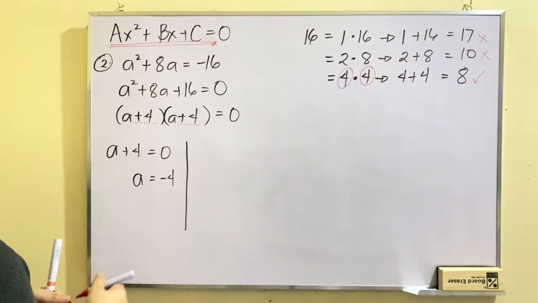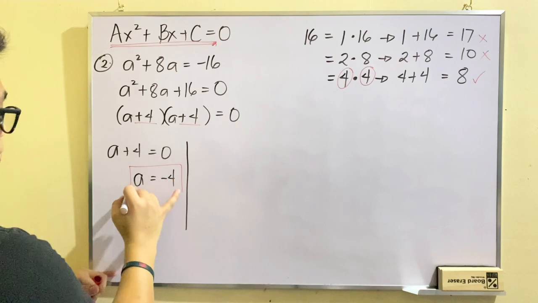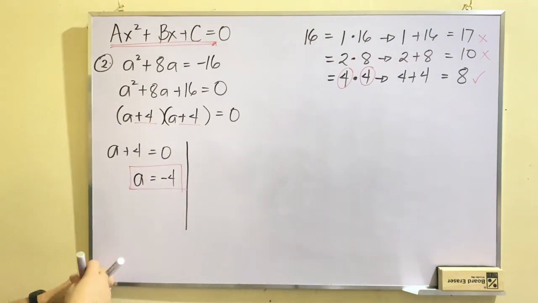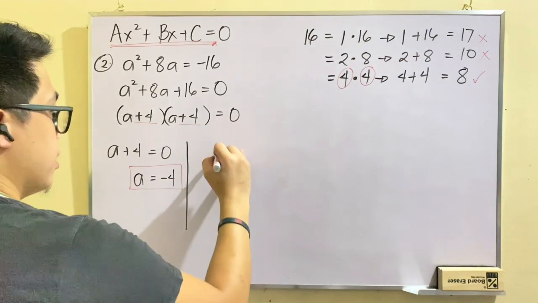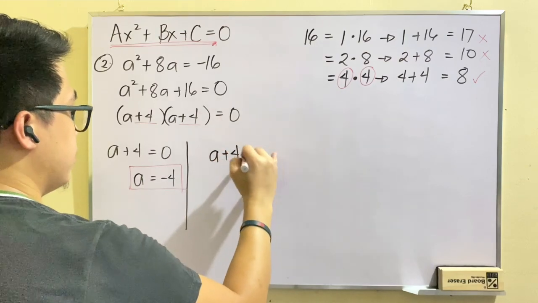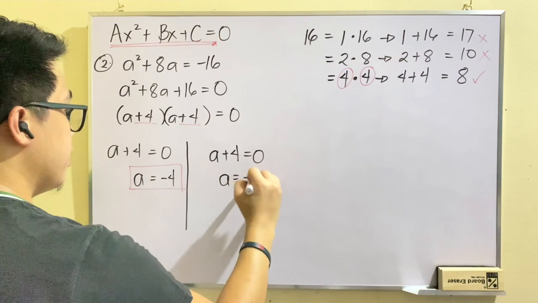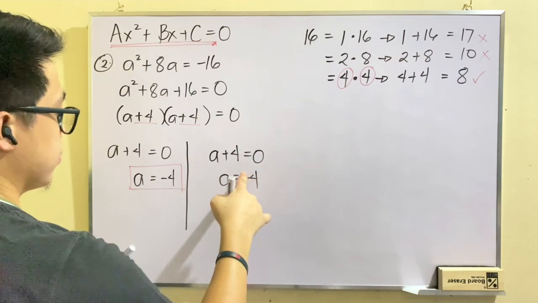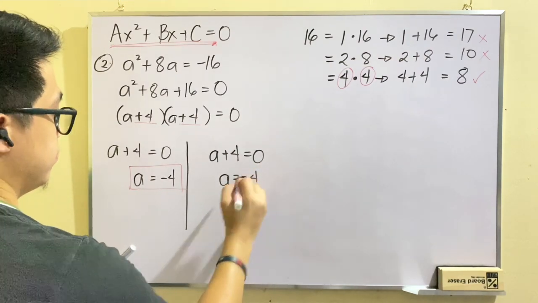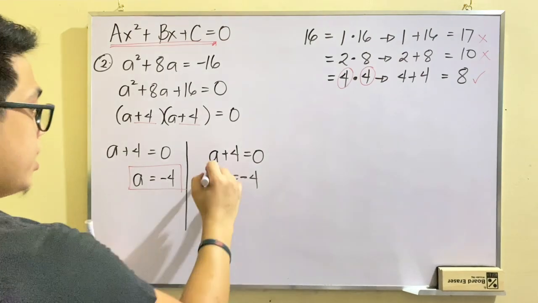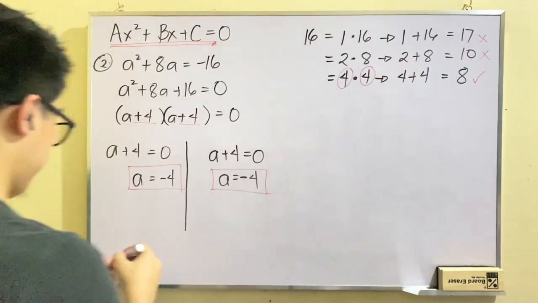So, ang magiging sagot natin, A is equal to negative 4. Next, A plus 4 is equal to 0. So, pag niliban si positive 4, magiging negative 4. So, A is negative 4.